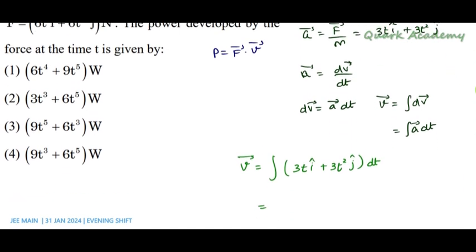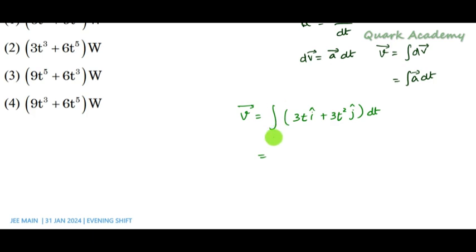Yeah, this is what we have to write. So the first part is going to be 3t squared by 2 i cap plus 3t cube by 3 j cap, which is equal to 3t squared by 2 i cap plus t cube j cap.